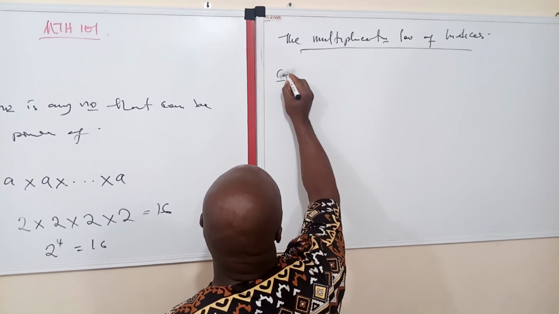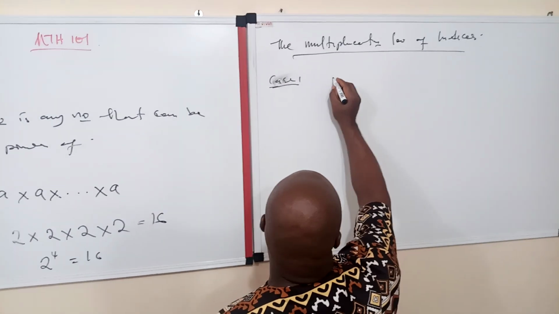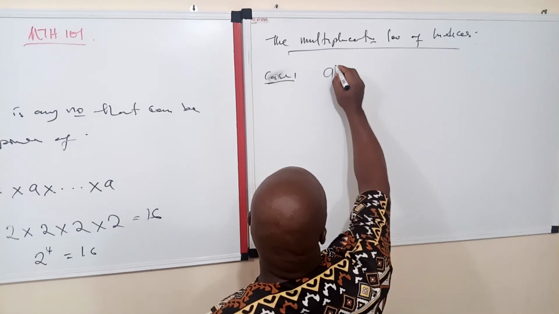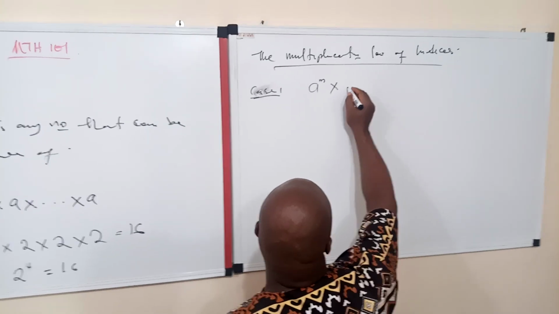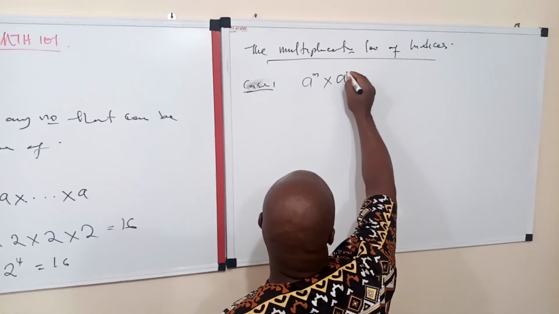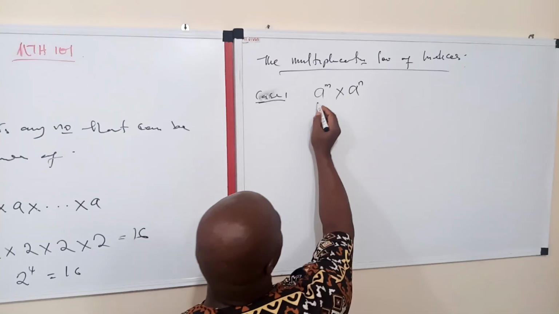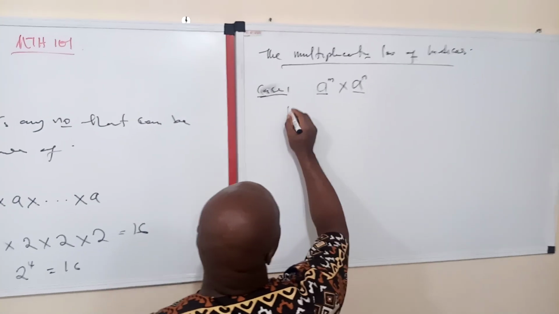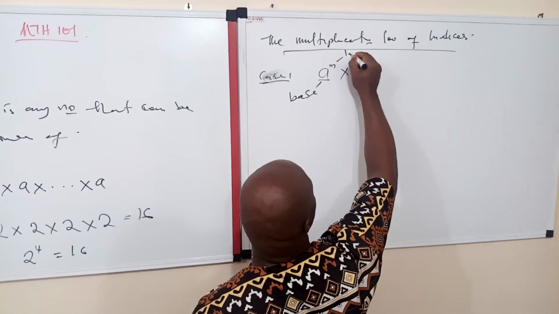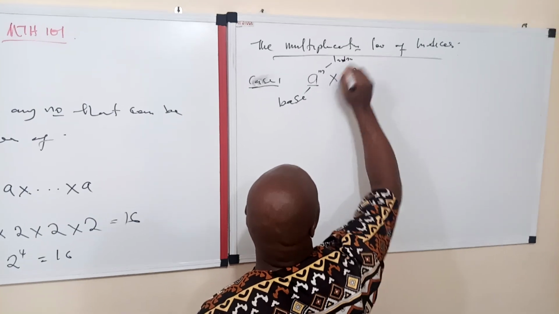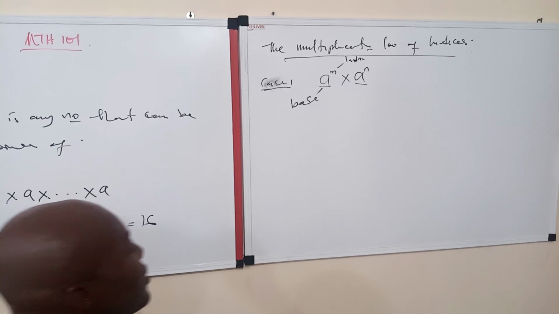Case 1. If we have some expression in a compact way, such that it multiplies itself, where this a that we have is the base, and the power here, you can call it index, you can call it the power, or you can call it exponent.